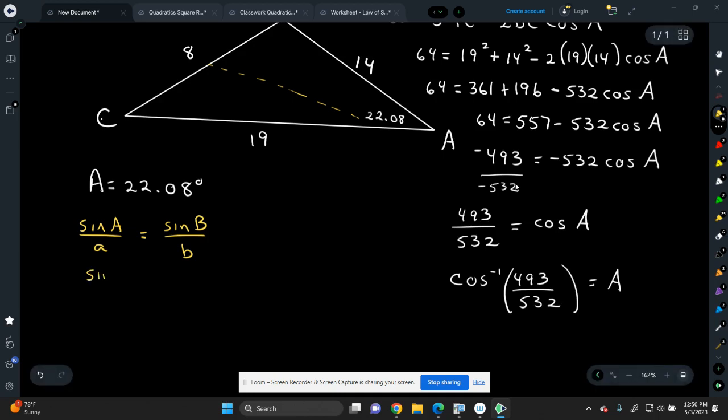So this is sine of 22.08 over 8 equals sine B over B, which is 19.